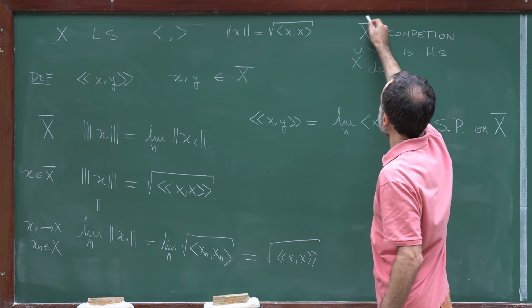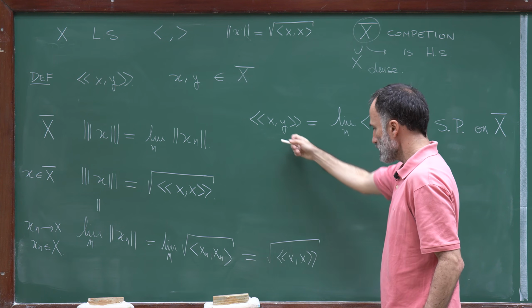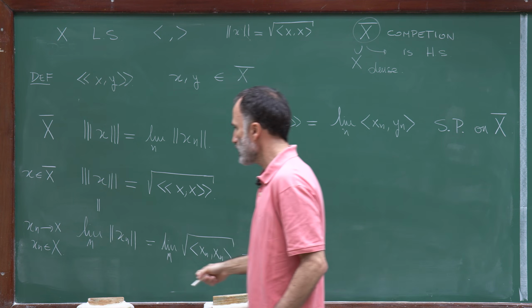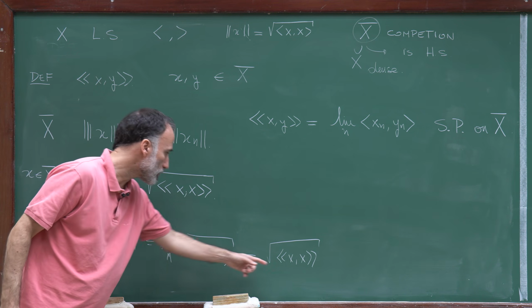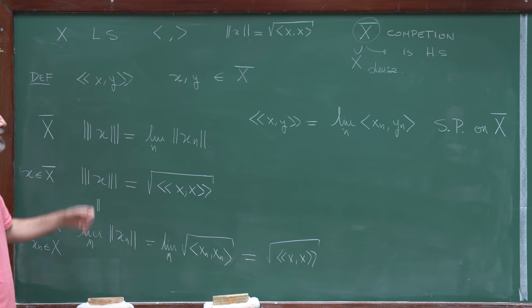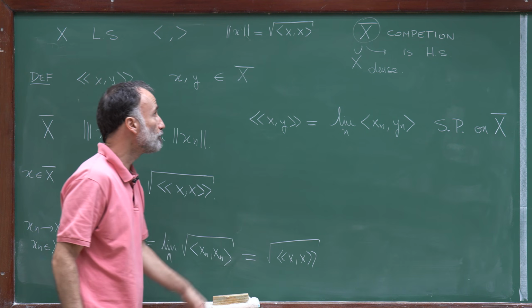So X bar has a scalar product. The norm of this scalar product is exactly the norm defined in X bar.